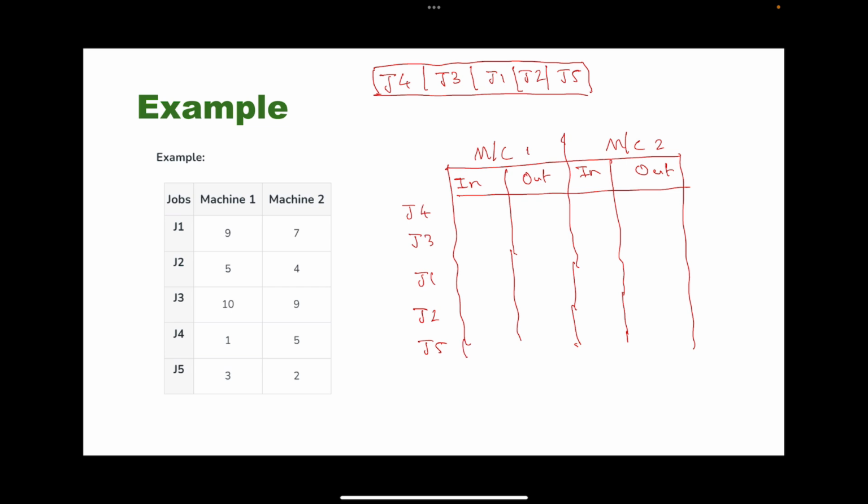So the in time of J4 is 0. We are starting the job. Then its out time will be 0 plus 9, that will be 9.